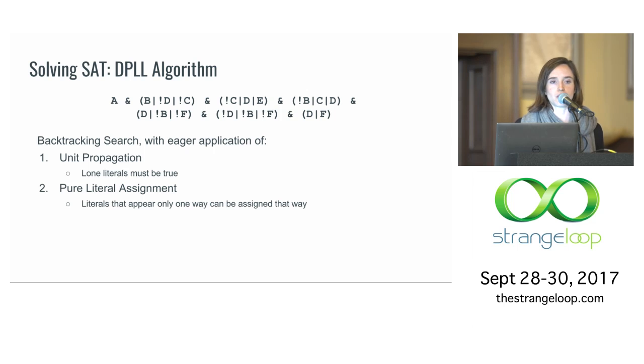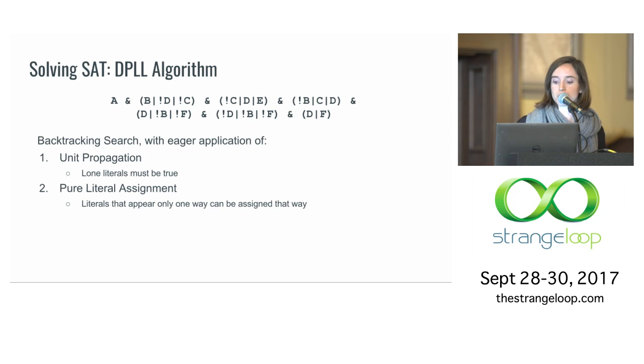If there's a literal that always appears in the positive form or always appears in the negative form, then we can go ahead and assign that literal in the form where it appears and simplify the formula, because we know that assigning it that way isn't going to reduce our chances of finding a satisfying assignment. So with these two rules, we can go through and eliminate large, unfruitful sections of our search space and arrive at a solution, if one exists, actually fairly quickly.